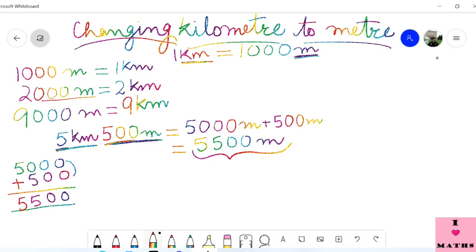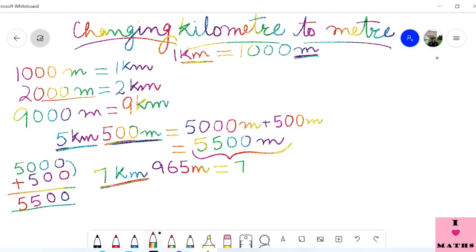Now, suppose my friend's house is 7 kilometer and 965 meter from my house. I want to find out how far is my friend's house in meters. So first of all, I will change 7 kilometer into meter.